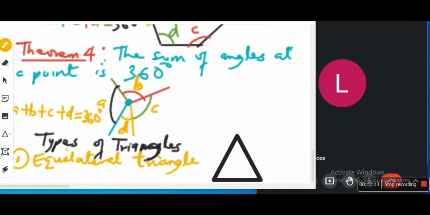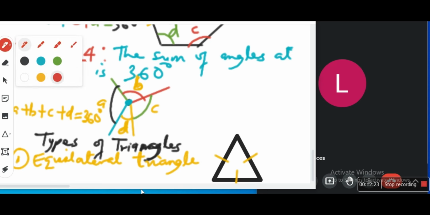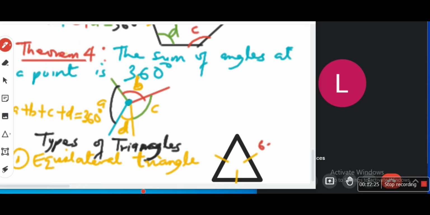This is how we can show that all the sides are equal. If you see markings like this, marking like this, and marking like this, it shows that all the sides are equal. So if, for instance, this side is 6 centimeters, this side is also 6 centimeters, this side is also 6 centimeters.